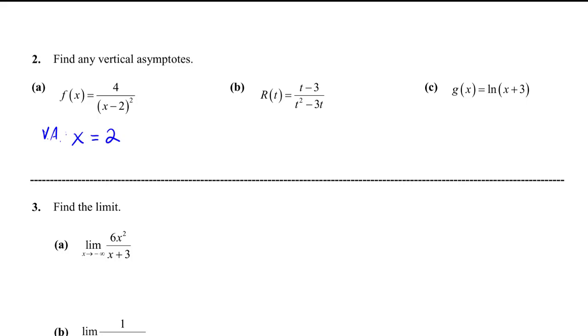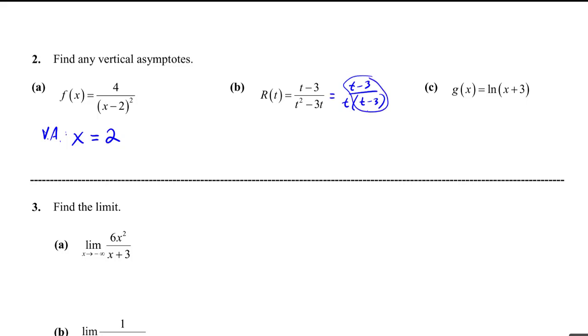In the second one, I have to be a little careful. If I factor this, I get 2 minus 3 over t times t minus 3. So the denominator is 0 when t is 0 and 3, but I shouldn't actually cancel the 3 out because this is the function here.